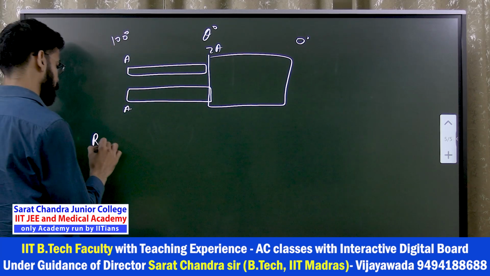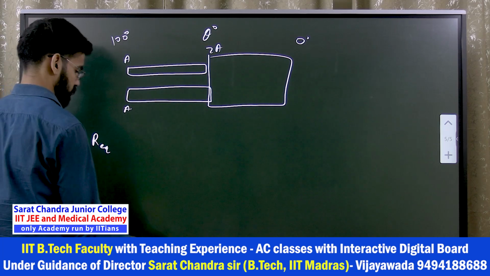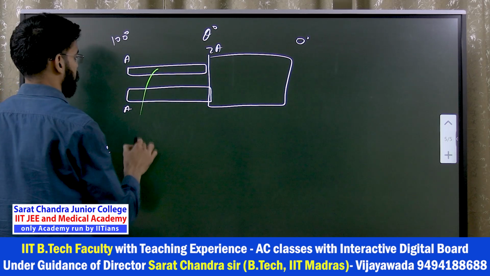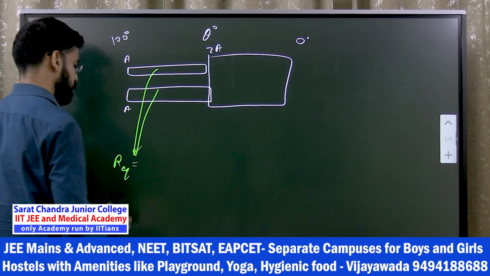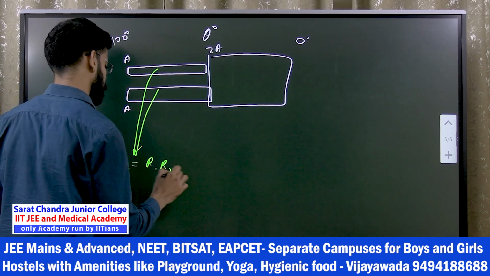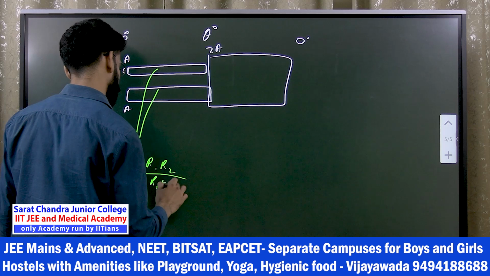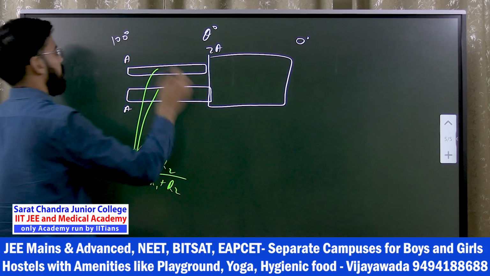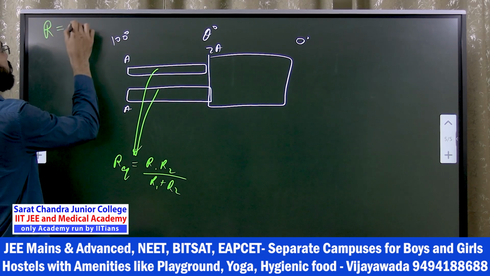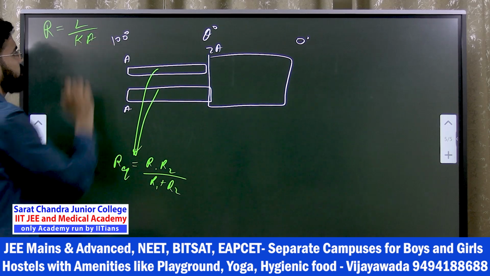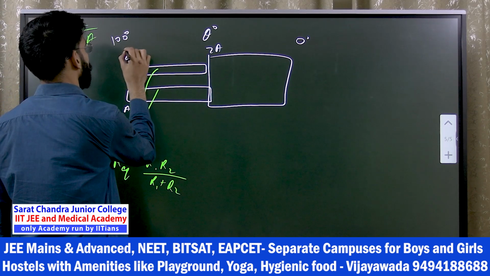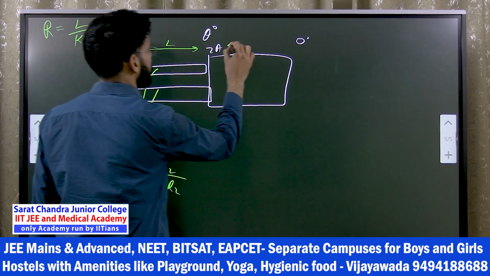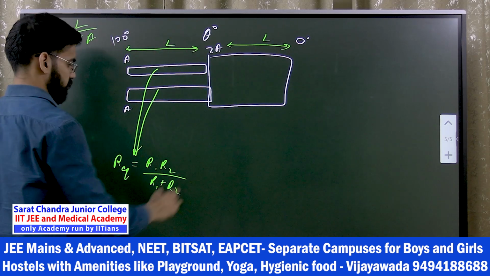Sorry, R equivalent, what will come for these two? R equivalent is R1 R2 divided by R1 plus R2. What is R? R is basically for any rod L by KA. The length is same, L for here also.